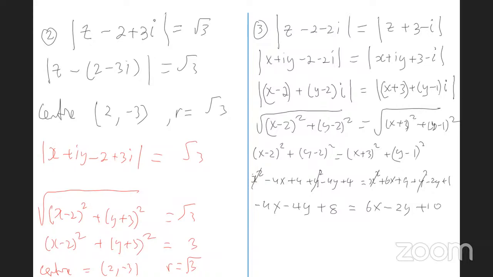Right? Bring the y's across, so that's minus 4y plus 2y, and 6x plus 4x plus 10 minus 8. So I got minus 2y is equal to 10x plus 2. If you divide everything by minus 2, you'll get y is equal to minus 5x minus 1.